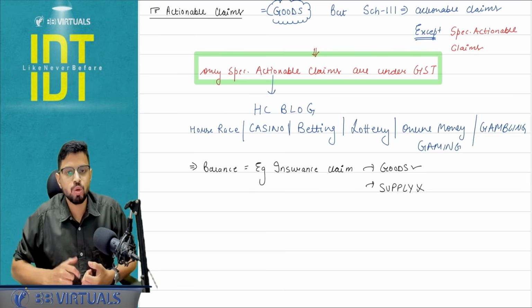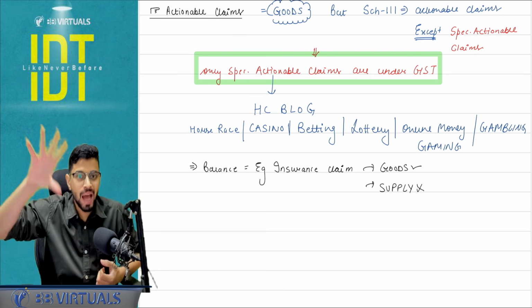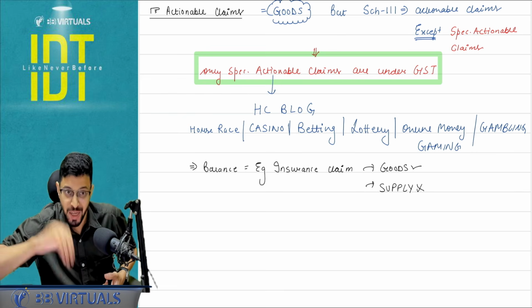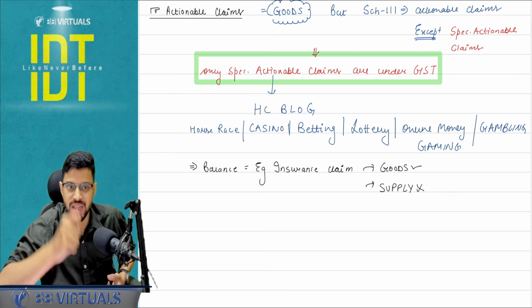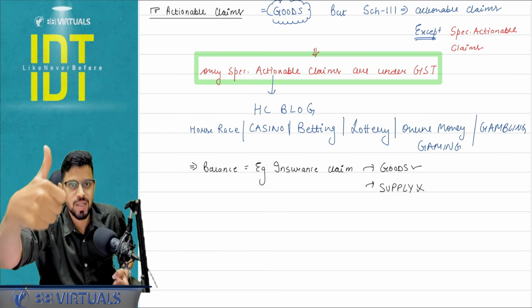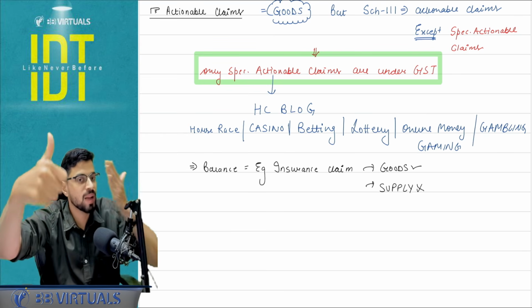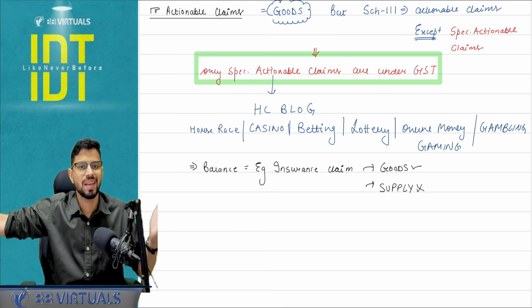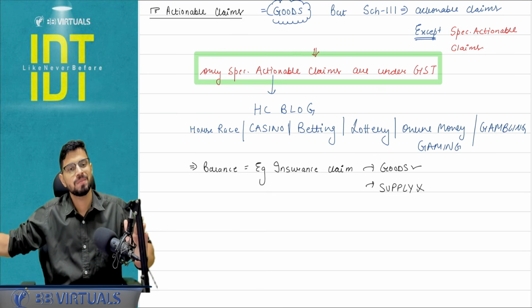What is the path to the conclusion? Okay, no GST, but are you able to structurally understand why no GST? That is what we have to focus on, and that is where structured thinking helps. Insurance claim is a goods. It will comply with the parameters of supply, but schedule number 3, ultimately non-supply.